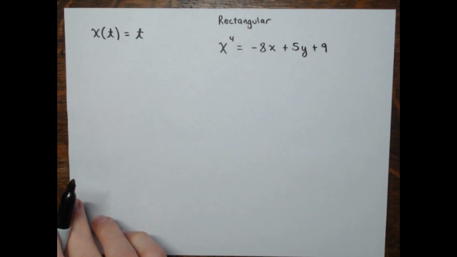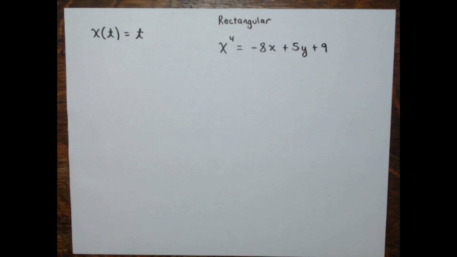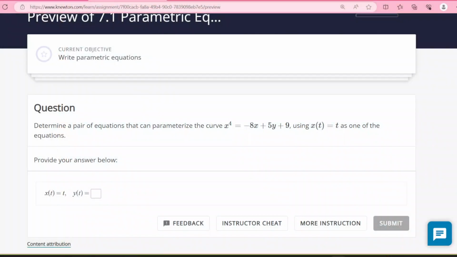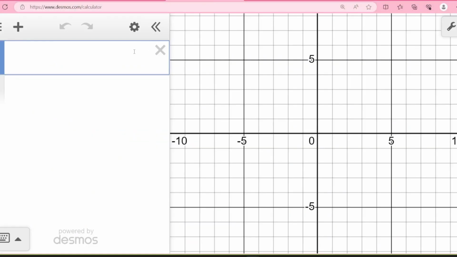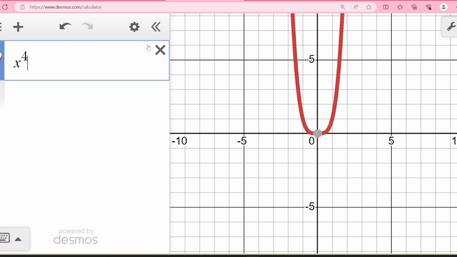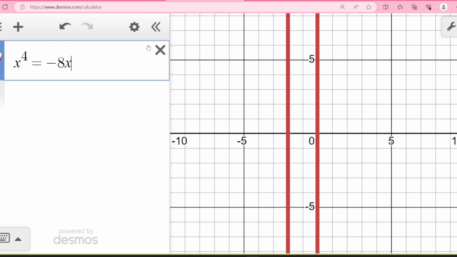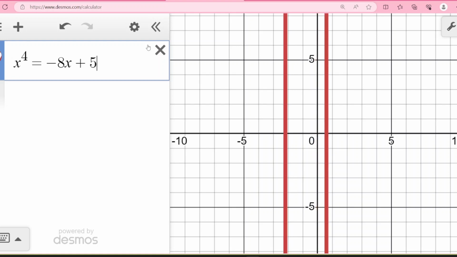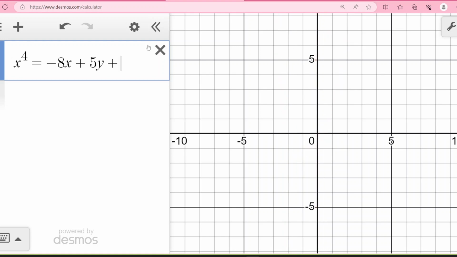Okay, and I'll show you what this looks like on Desmos real quick. The nice thing about Desmos is, you can type in an equation as it looks. It doesn't have to be solved for y or anything. So x to the fourth, equals negative 8x plus 5y plus 9.